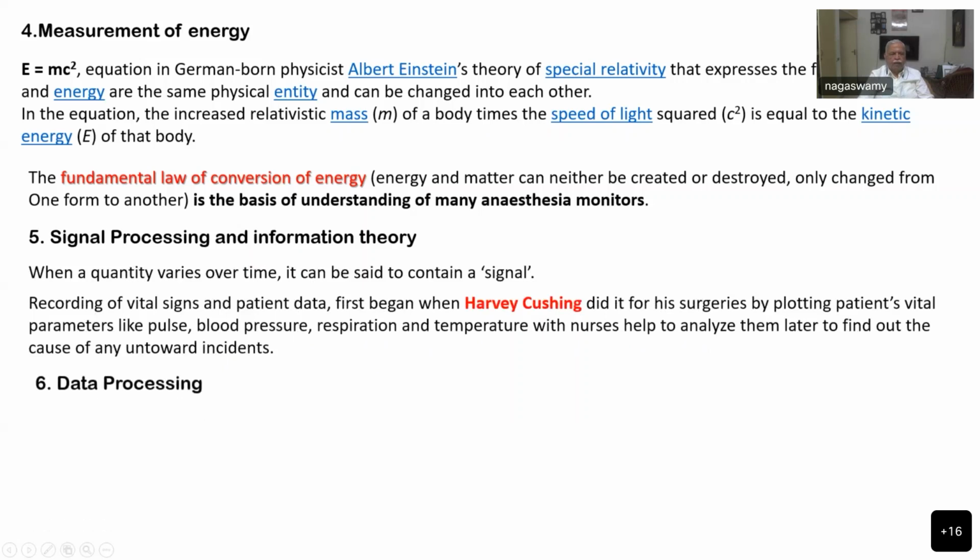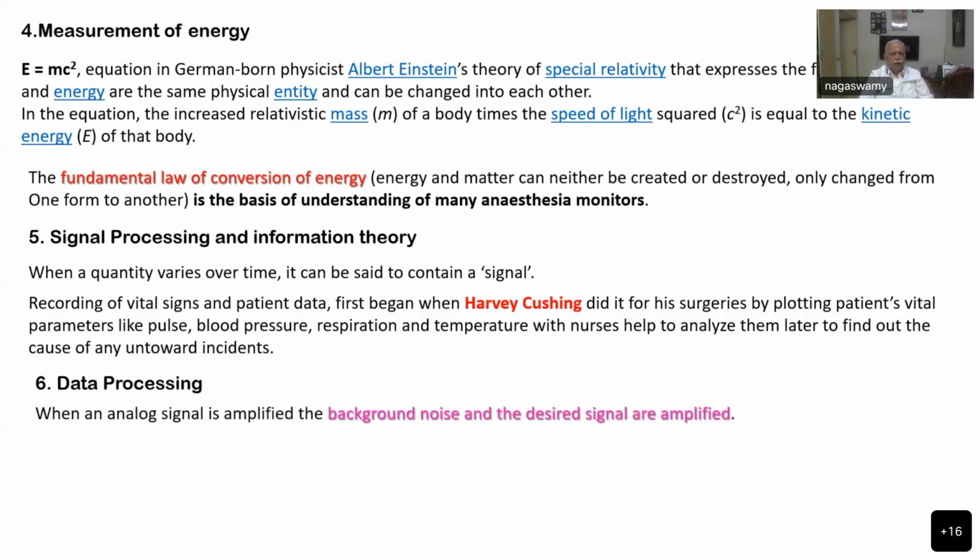But later we started collecting it through various other means, and the data that we collected were processed. The analog signal is amplified in the background of noise, and the desired signal is amplified. This is called the signal to noise ratio. This is one of the important basic fundamentals that we have to know.